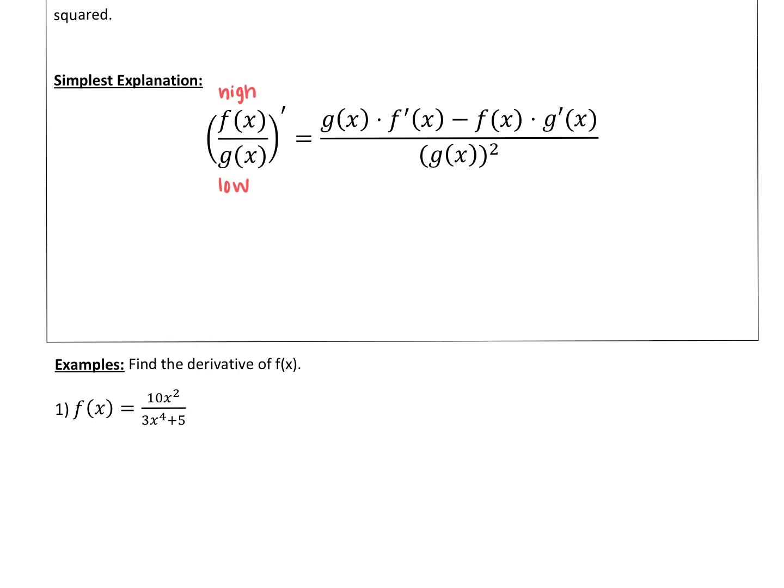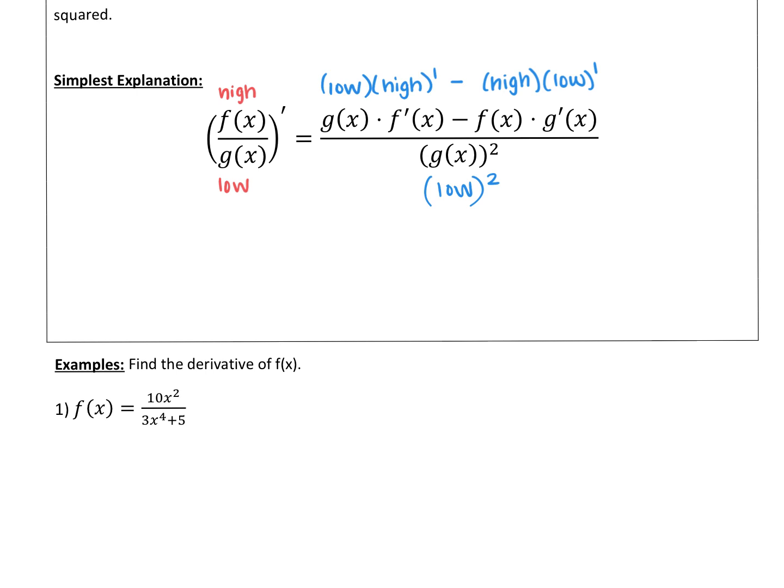So what was the formula for the product rule? Low times d high, but now this time it's going to be minus instead of plus. So low d high minus high times d low, all over low squared.